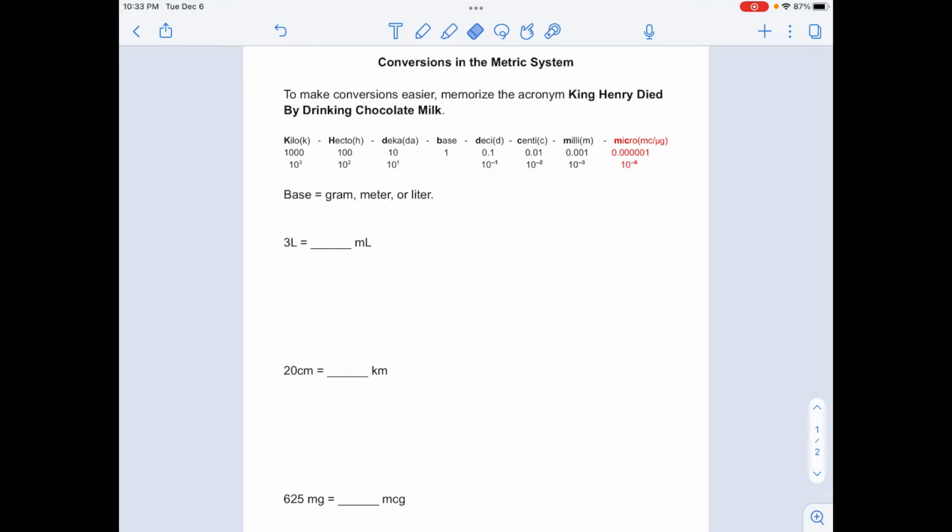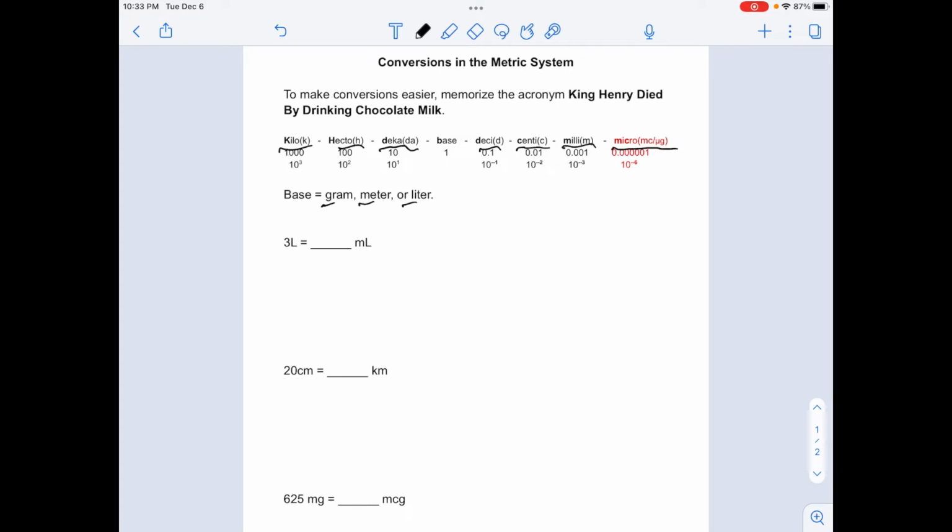One thing to note here, if you're looking at the units, we have kilo, K, hecto is H, deca is DA, our base would be either G, M, or L, deci would be D, centi would be C, milli would be M, and micro would be MC.